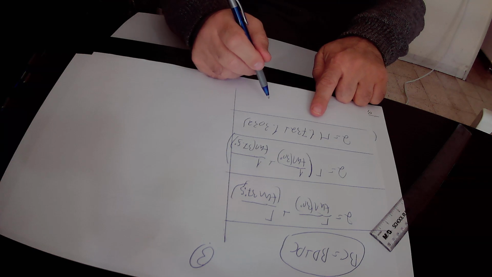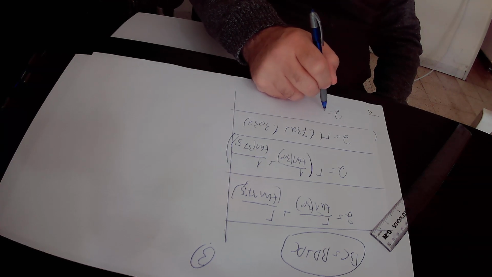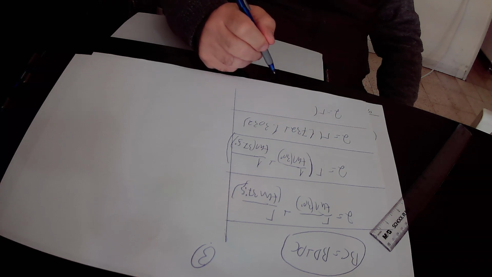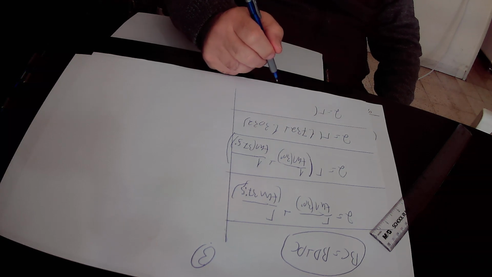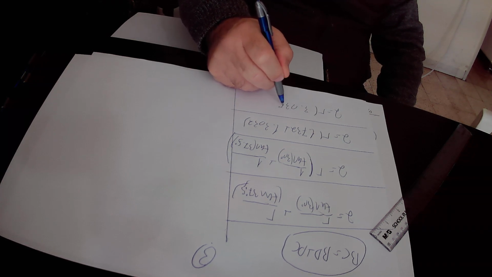In conclusion, we found out that 2 equals R times 1.732 plus 1.3032. So 2 equals R, and 1.732 plus 1.3032 equals 3.0352.